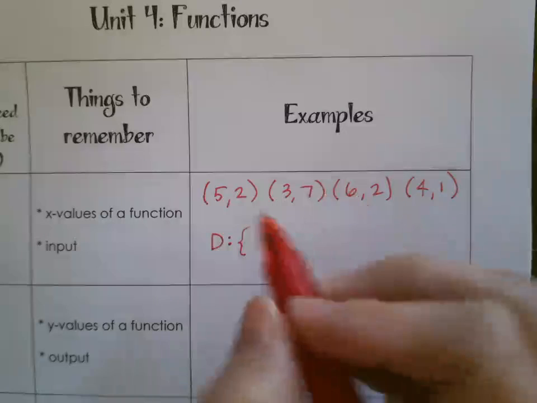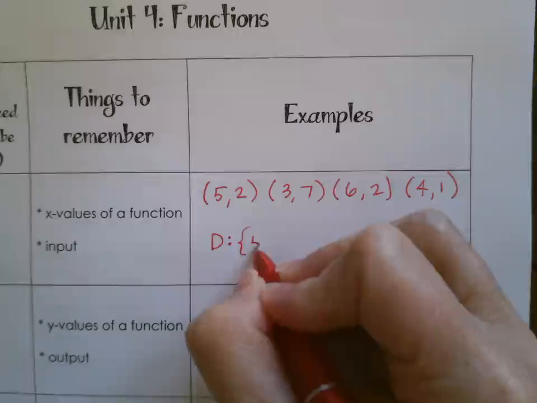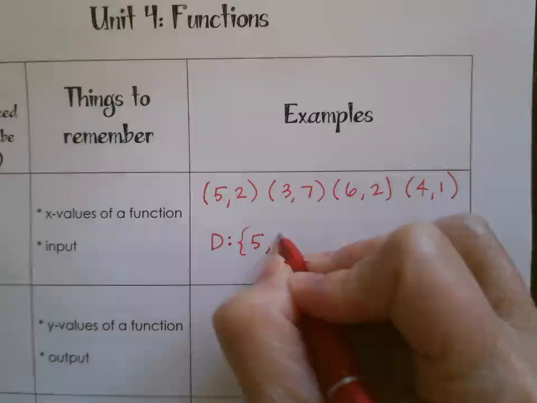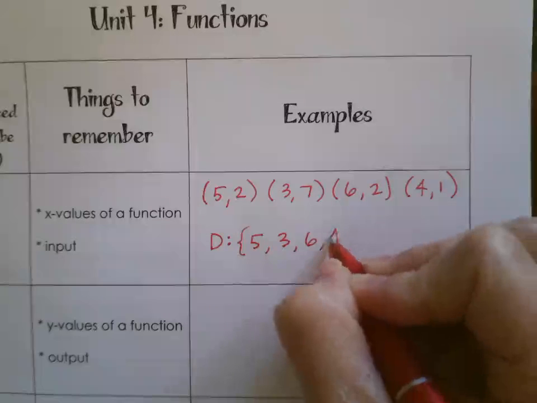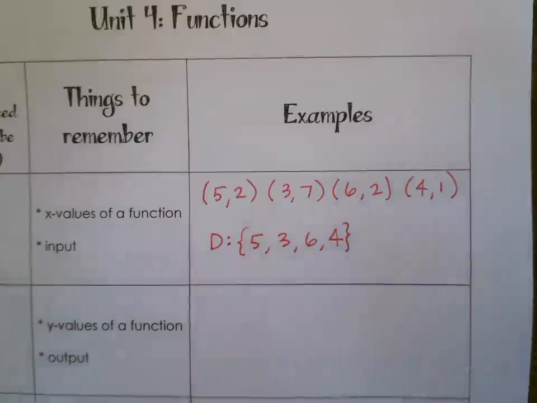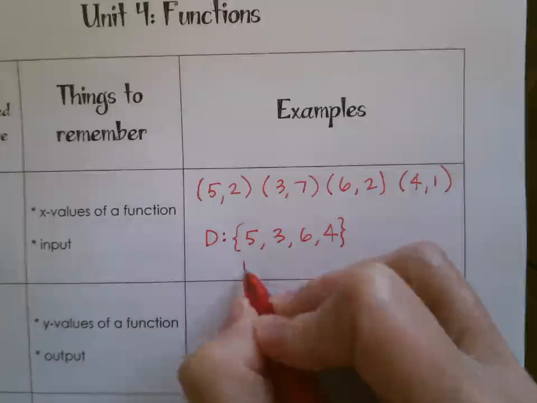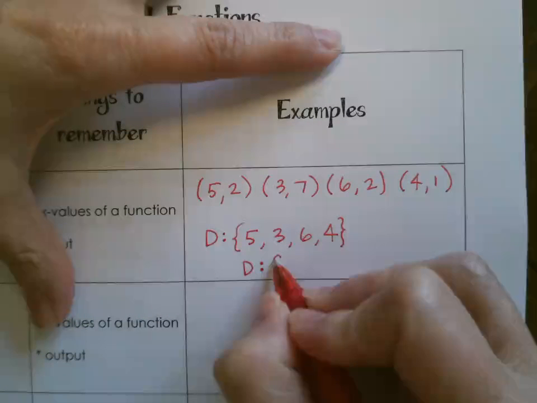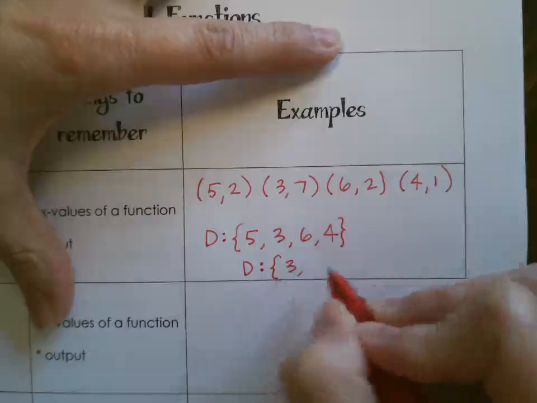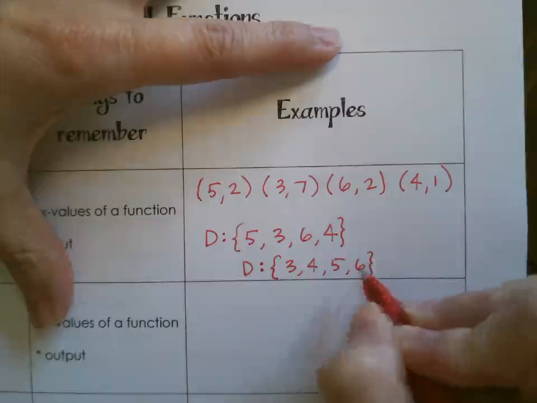All right, so our x values, if I look through, I have a 5, I have a 3, a 6, and a 4, and that's it. Now, nobody said it has to be in order, but typically people like it in order. So a better answer, and what you need to watch for, is to say that the domain would be 3, 4, 5, and 6.